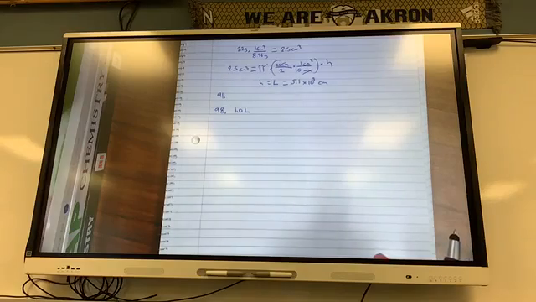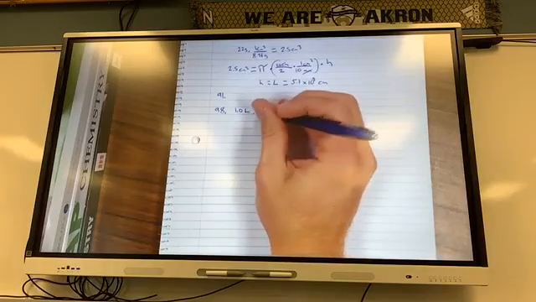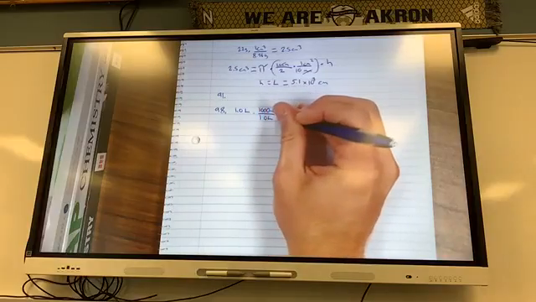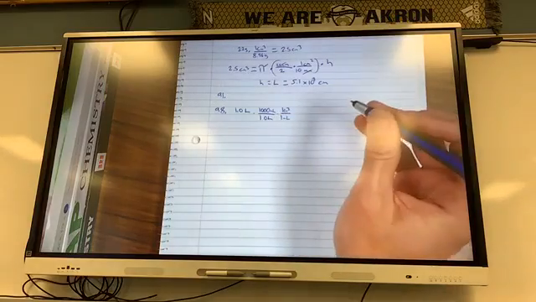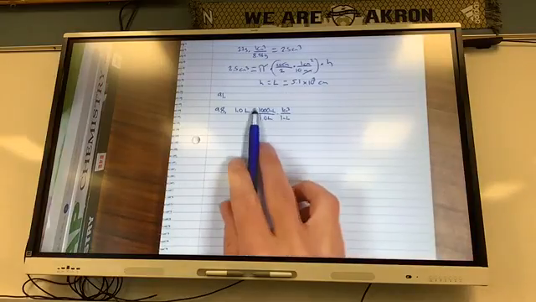Grams per centimeter cubed. So I need to get my liters to centimeters cubed. For every 1.0 liter, there is 1,000 milliliters, and for every 1 milliliter, there is 1 centimeter cubed. I could have just gone liters to 1,000 centimeters cubed.